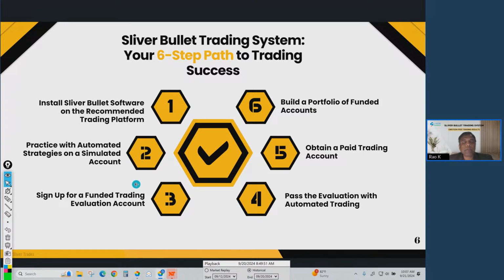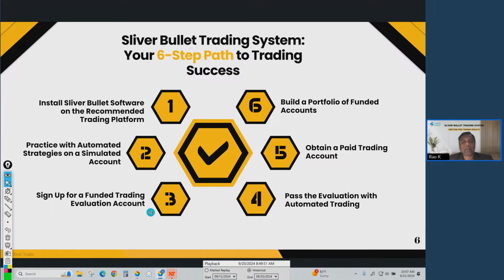Once you are familiar with the software and the platform, you sign up for a funded trading account. This step is basically you are trading using an evaluation account. There are companies that give you their own money for you to trade and make profit, but before they take risk and give you a real account, they give you evaluation accounts.